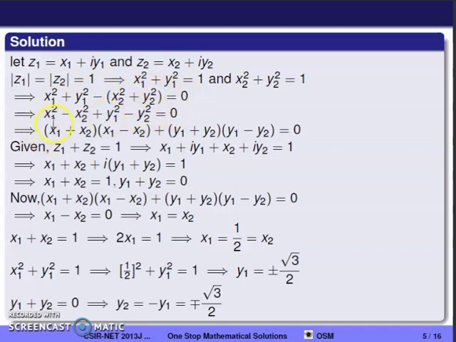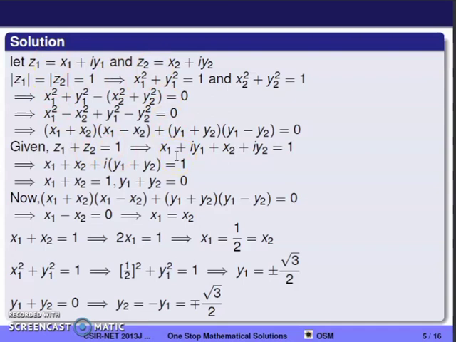Now I am rearranging so that x terms come first and y terms come second. Now we note a square minus b square can be written as a minus b into a plus b, so I am writing like this. Now again it is given in the question that Z1 plus Z2 is equal to 1. So I am substituting Z1 and Z2.